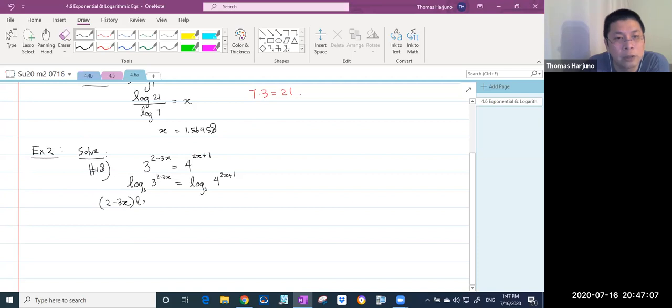Don't forget the parentheses though. So log base 3 of 3 is just 1. So 2 minus 3x equals 2x plus 1 times log base 3 of 4.